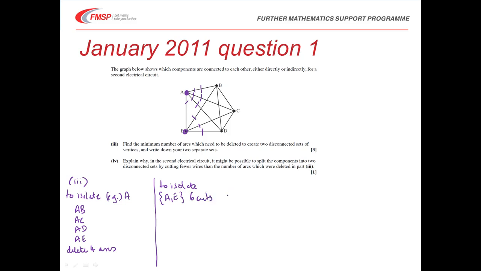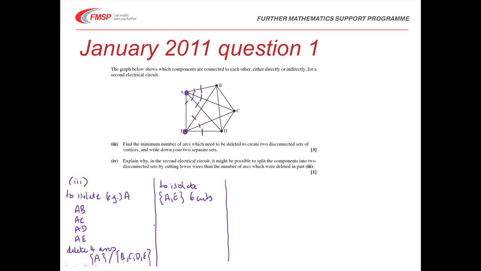I can't really see that I'm going to get a better answer than my first. So splitting it into 2 sets I can do with 4 cuts, and that's the minimum number of arcs, and that splits it into a set A and all the rest, B, C, D, E.